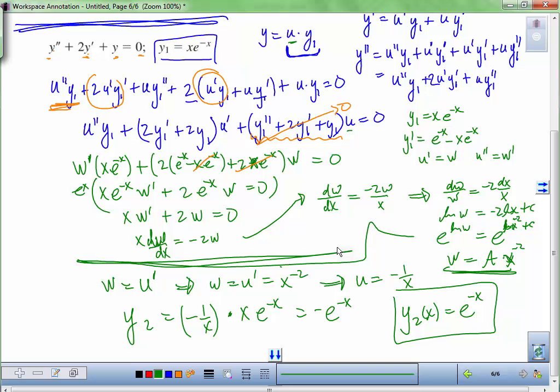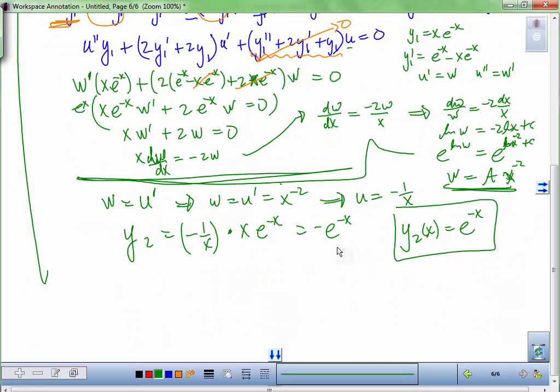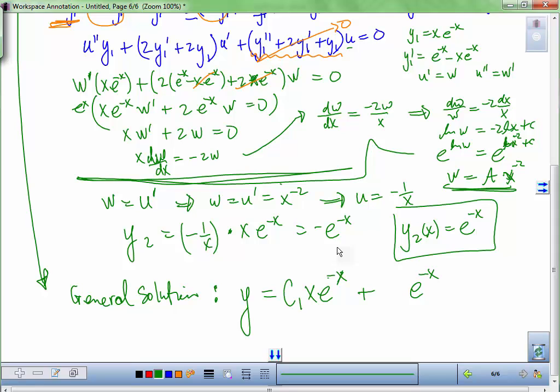So that means for this differential equation, the general solution is going to be given by y is equal to, what was it? x e to the negative x plus e to the negative x. And since it's a general solution, this is where we throw in a C1 and a C2.